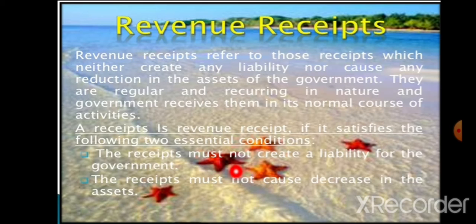In short, revenue receipts of the government refer to those receipts which neither create a liability nor lead to reduction in assets. For example, the government is selling its properties. This causes reduction in the properties of the government, and this receipt is not known as revenue receipt because it is capital receipt.